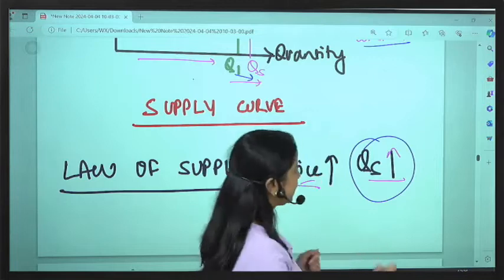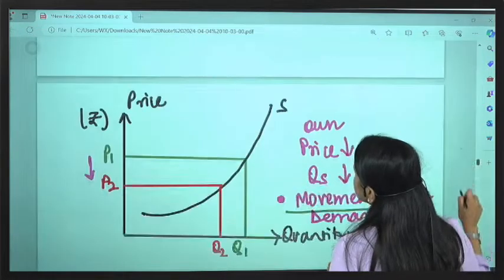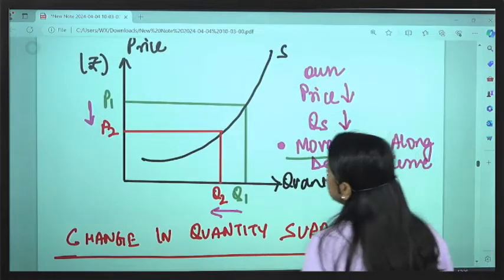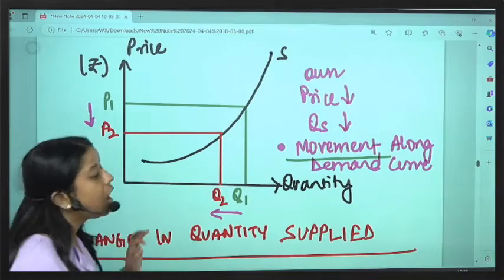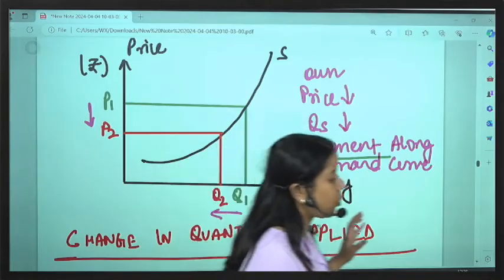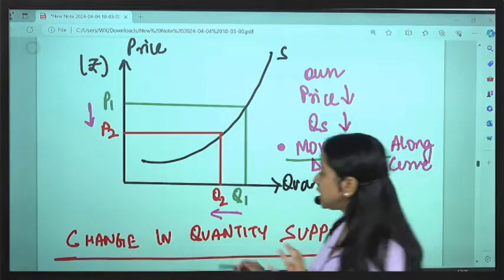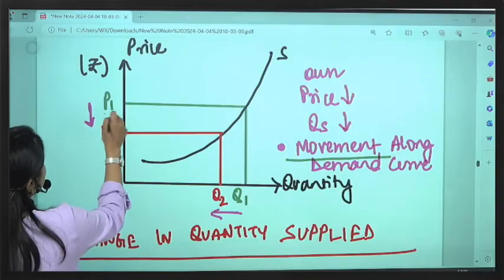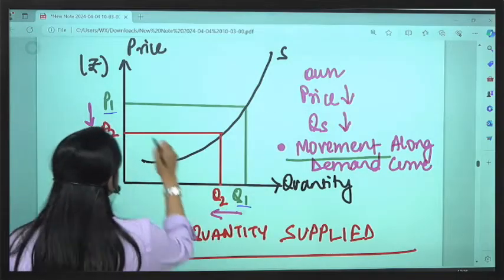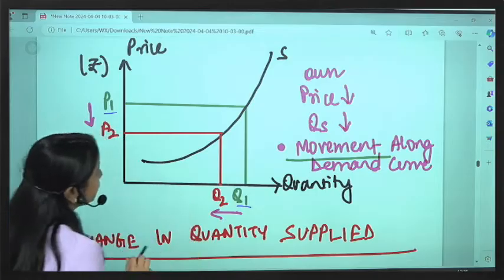Okay, now similarly, let's talk about the change in quantity supplied, like we studied for the change in quantity demanded. Now what do you mean by change in quantity supplied? For example, let us take that we started at P1 and Q1. This is the price and this is the quantity supplied.